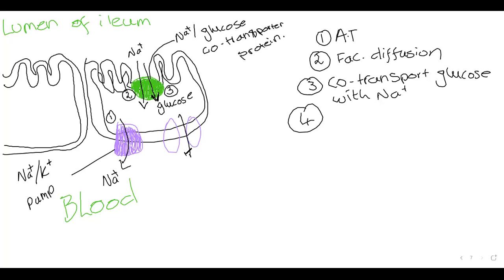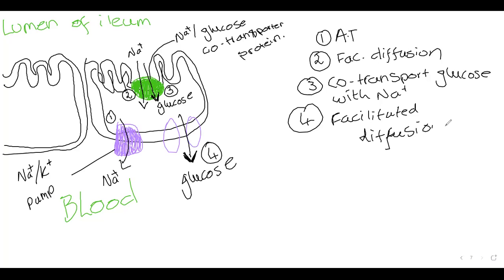So this is the protein channel. That's going to be our glucose. And that's facilitated diffusion. So overall, we would call this active transport, but actually it's active transport with facilitated diffusion, with co-transport with facilitated diffusion. So it's how we actually use all the different concentration gradients to help things increase and decrease.